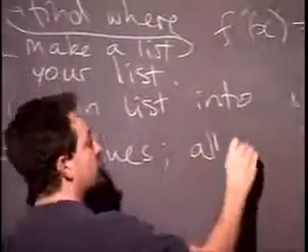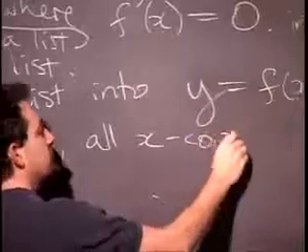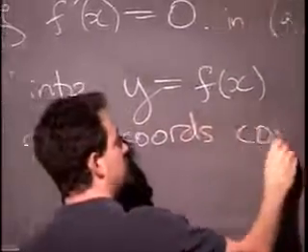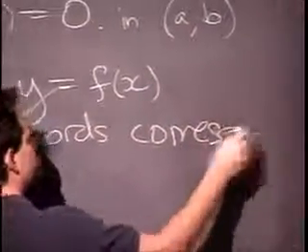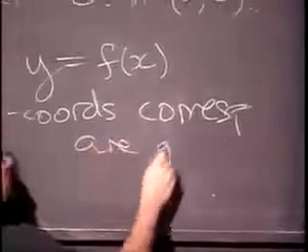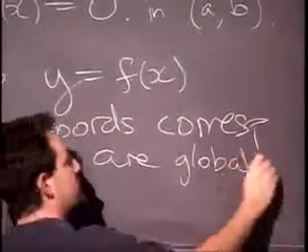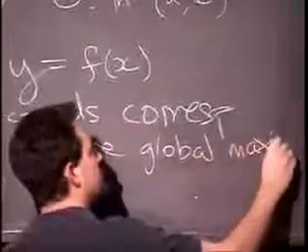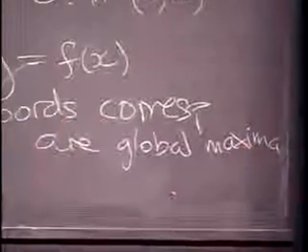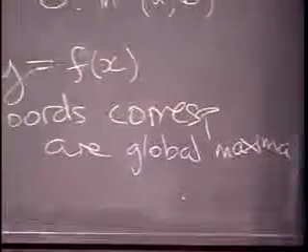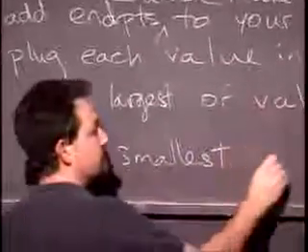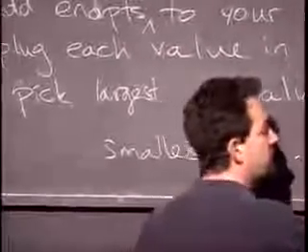All the x coordinates corresponding to this are global maxima. Remember, there might be more than one that produce the same height. And similarly, the smallest of the values will give you the global min.